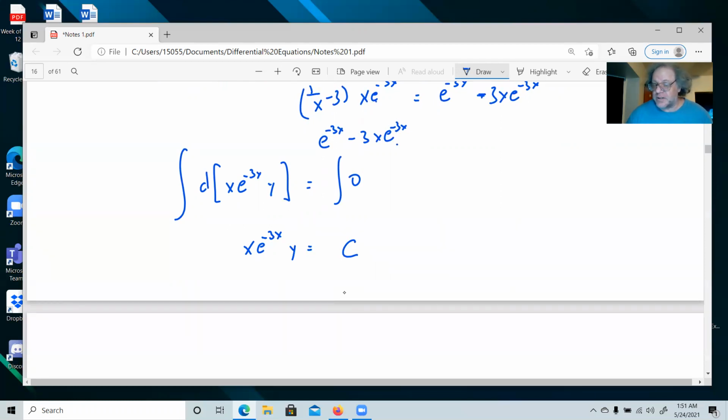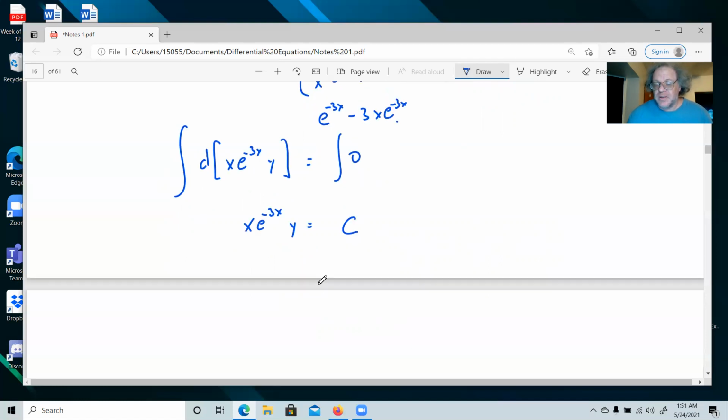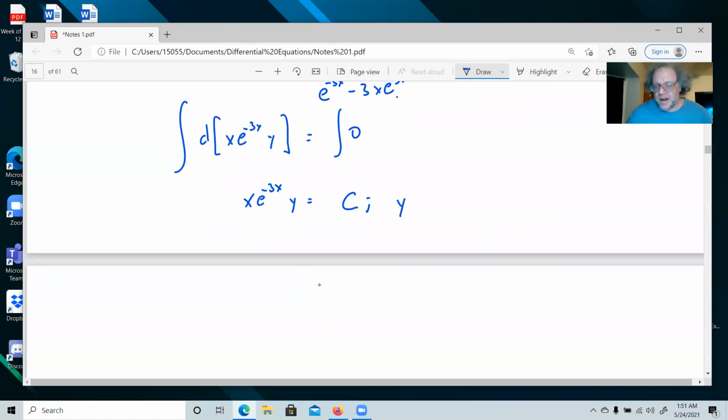So here we have y is equal to c, 1 over x e to the positive 3x. There's our fun little solution to that linear differential equation.